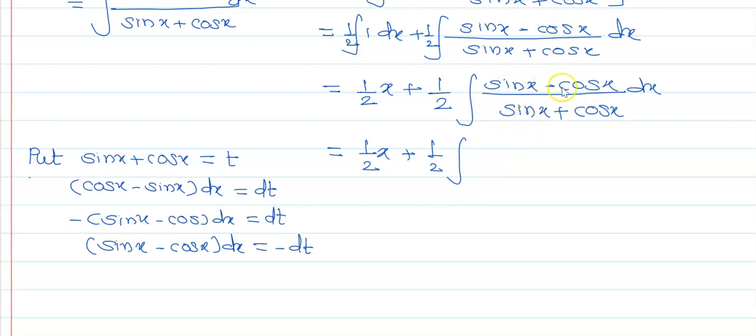Okay, and there sin x minus cos x is a minus dt upon t. Okay, therefore its integral is 1 upon 2, keep it as it is, and the integral of this minus 1 upon 2 integral of 1 upon t is log of mod of t plus c.